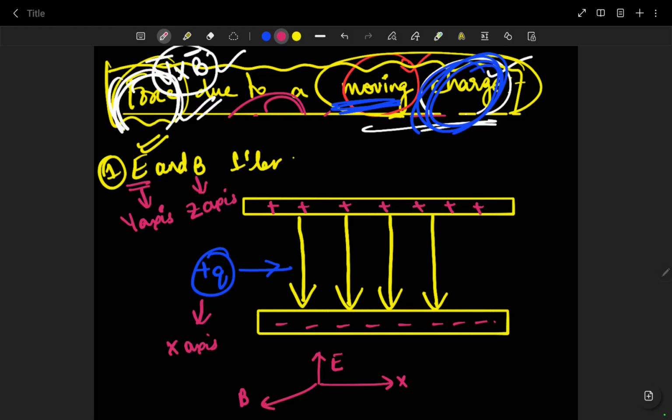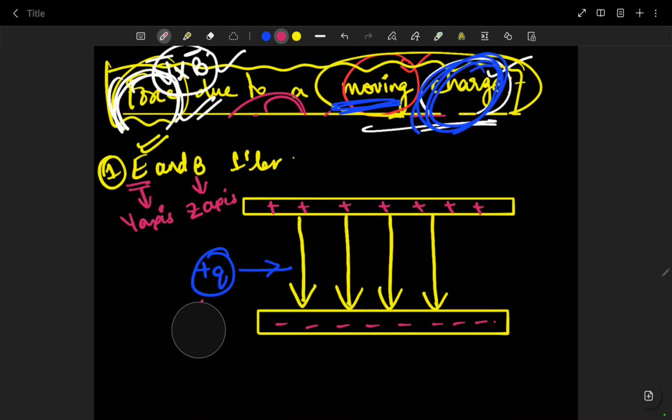This representation is the most important thing for us to understand in this chapter, because we are seeing how the Lorentz force concept can be imagined, and it can be further checked and evaluated.